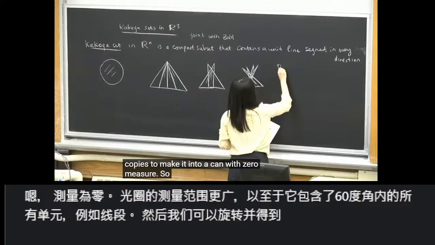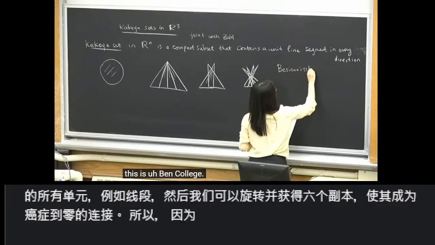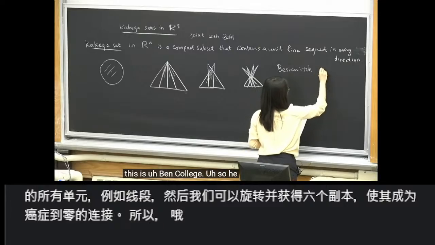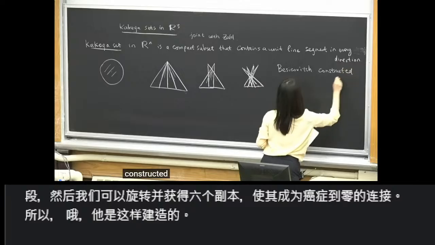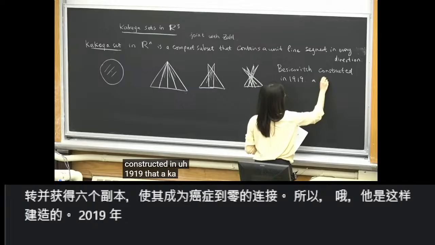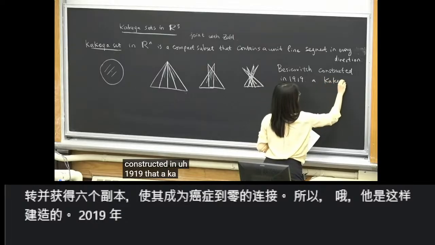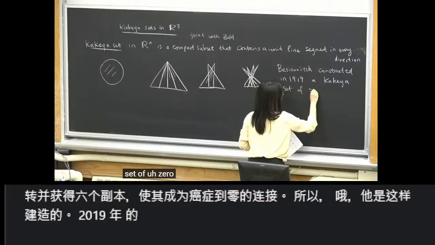So this is Minkowski. He constructed in 1919 a Kakeya set of zero Lebesgue measure.